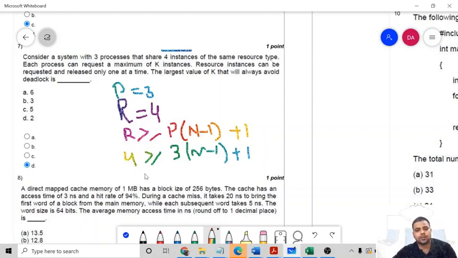So it is 1 greater than or equal to n minus 1, or you can say n is less than or equal to 2. So the correct option is 2. So the correct answer is D.